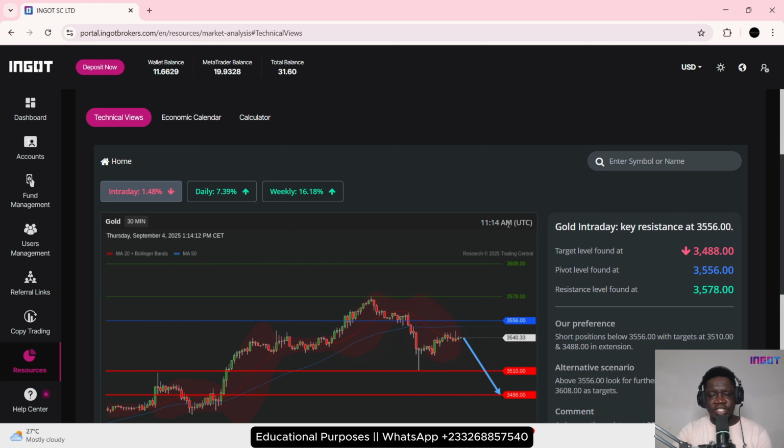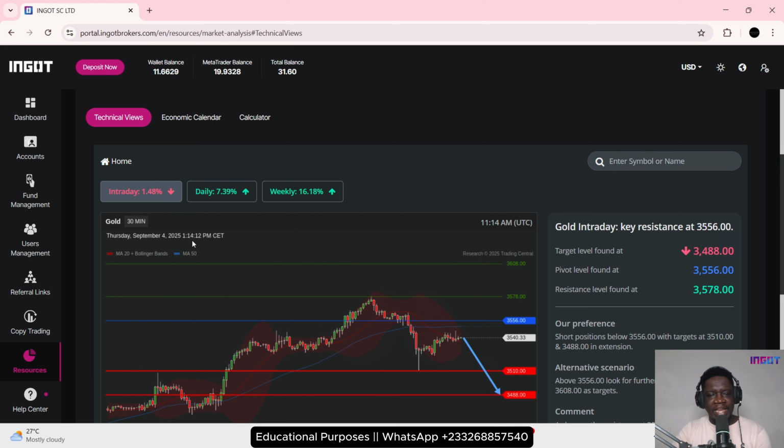11:14 a.m. UTC is the same as 11:14 GMT. Now, we selected intraday, which means you're just trading within the day, and the chart type we are using is a 30 minutes chart. The date the signal was released was Thursday, September 4th, and today is September 4th.